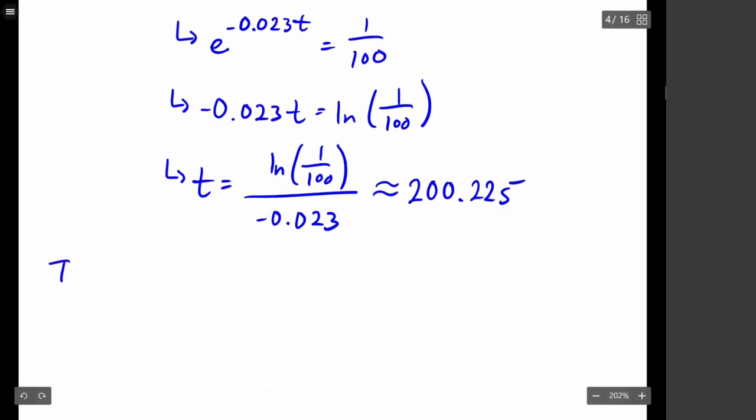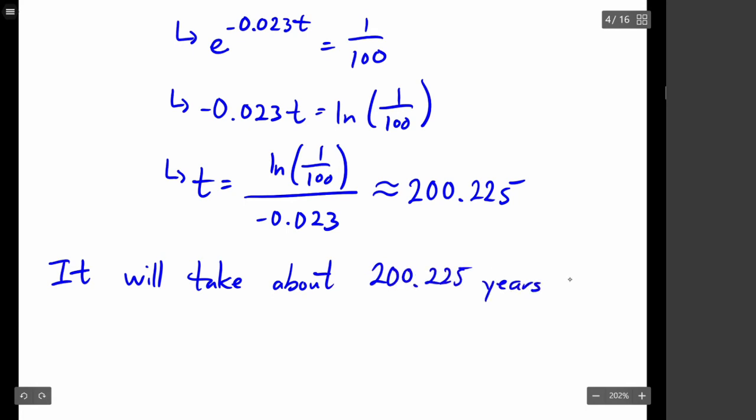So we would say, it will take about 200.225 years for the mass to decay to 1 milligram.